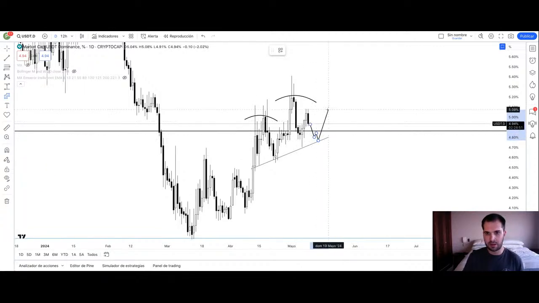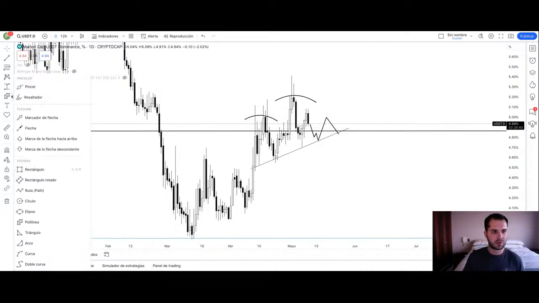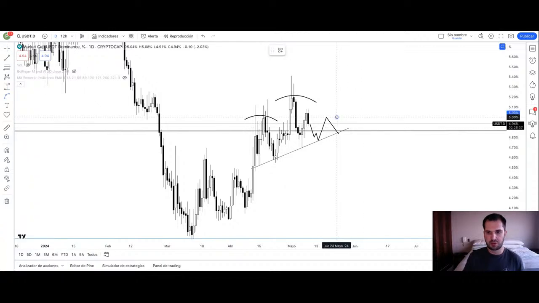Put on the head and then print the right shoulder right there. So this could be a potential reversal pattern, or we could just nuke right away and give a double top instead of head and shoulders. But it looks that way that we're gonna go test this neckline here, and then we'll see what we get.